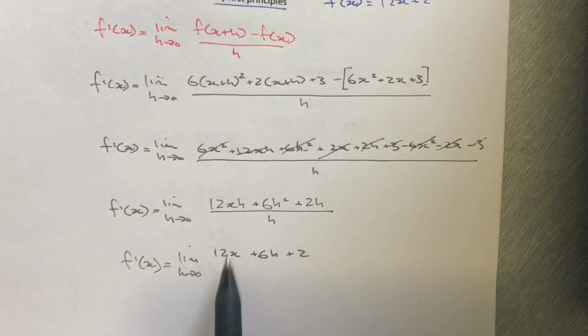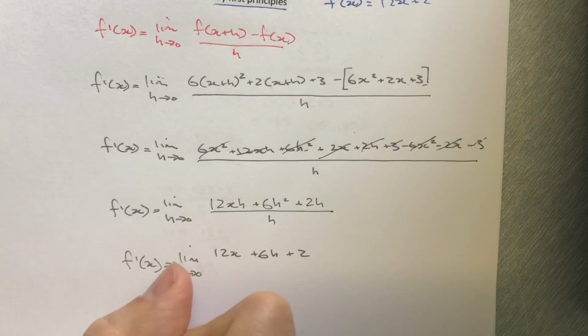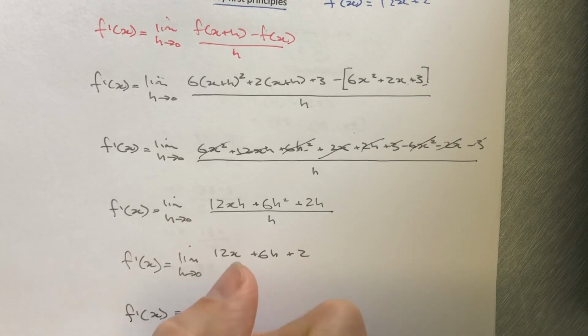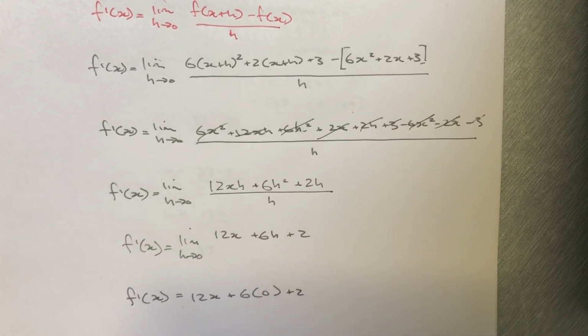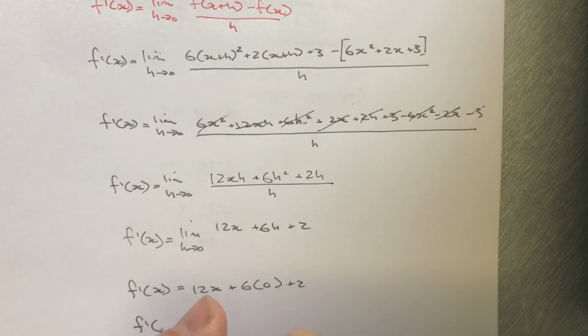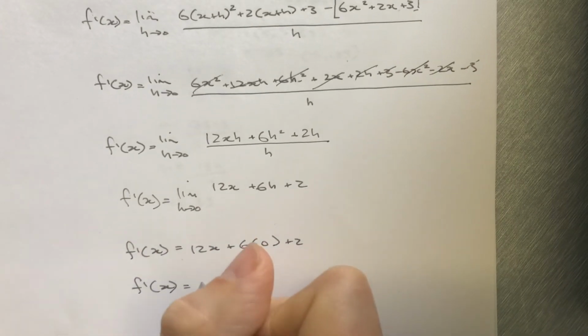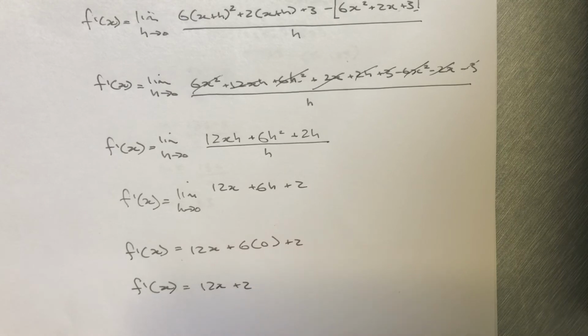Now we can't really do anything else with this one, except we now need to make h equals 0. So if we make h equals 0, that's going to give us this, isn't it? So we're going to finish off with the derivative equals 12x plus 2.